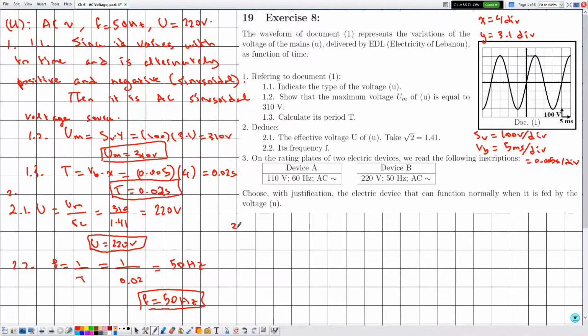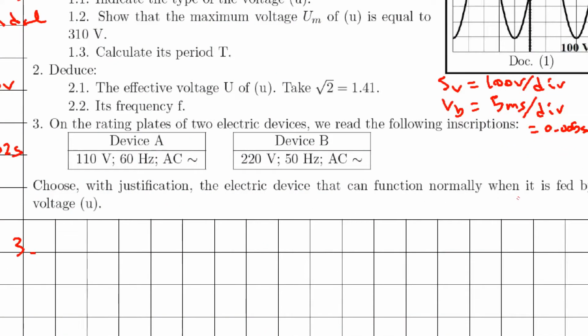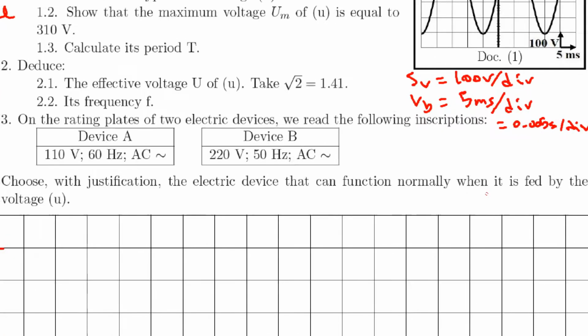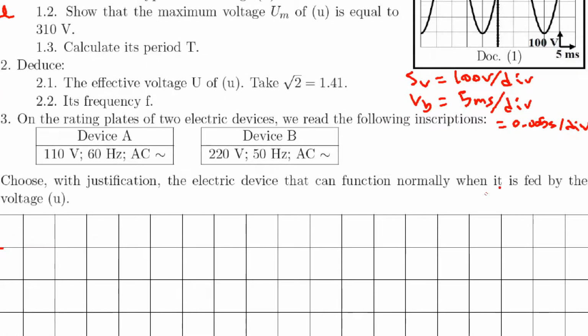Now in number 3 they are telling me on the rating plates of 2 electric devices we read the following inscriptions. So we have 2 devices, device A and device B, that carry different inscriptions. Now what do these indications represent? Rated voltage, under which device A and B function respectively, as well as the frequency and the type of voltage.